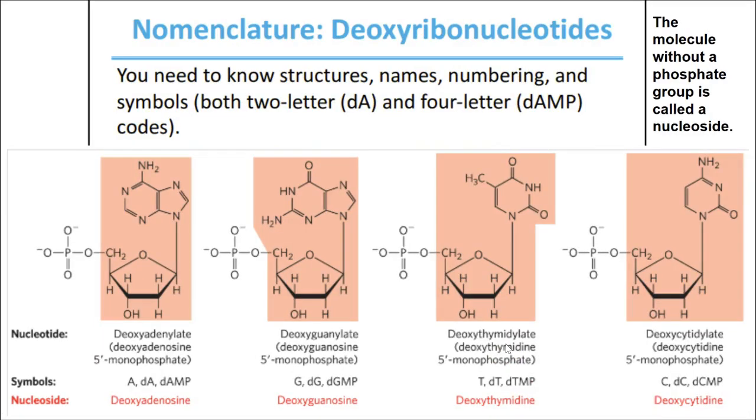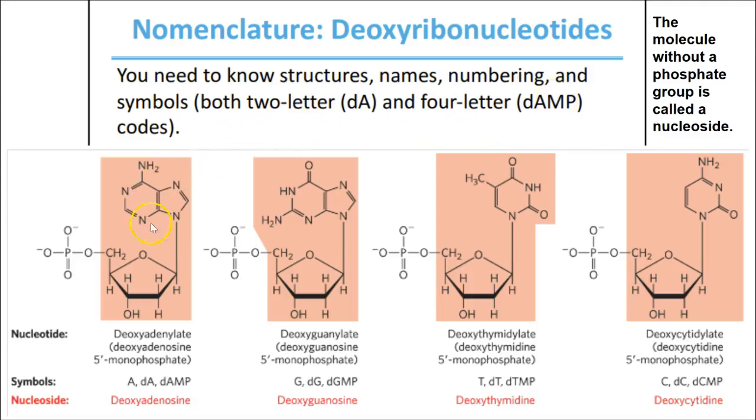And then as far as the nomenclature for deoxyribonucleotides, which are found in DNA, you need to know the structures, names, numbering, and symbols, both the two-letter and the four-letter codes. Notice that there is a D that is placed right in front of the letter, and that's the major difference between the ribonucleotides and the deoxyribonucleotides. And as far as the four-letter, once again you have that D that is ahead of the normal three letters that we see with the ribonucleotide.